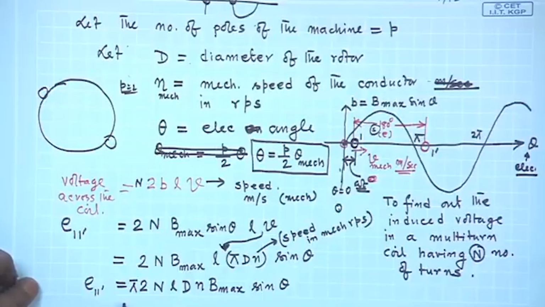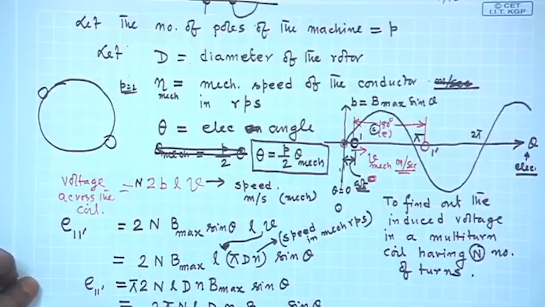Let me further write it as 2 pi n L D small n B max sin theta. Theta is in electrical radians.